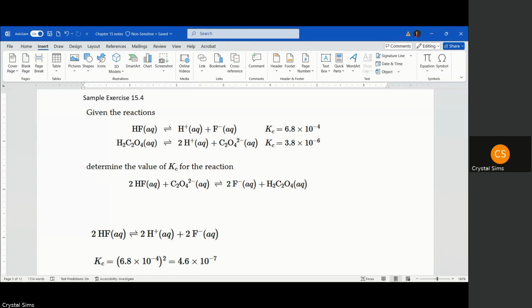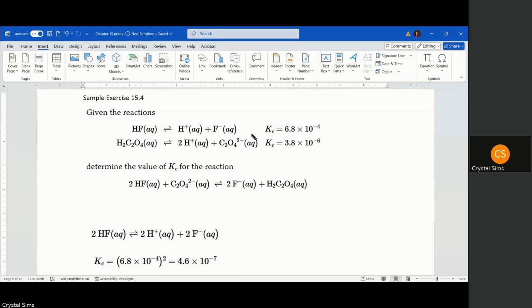Now, if we look at the second reaction that we have up here, we see the H2C2O4 and the C2O4 ion here, but in our overall reaction, you will notice that they are on the opposite sides of the equation. So we are going to have to flip-flop this one, right? We need to look at the reverse reaction here. And so this means that we're going to need to take the reciprocal of this.